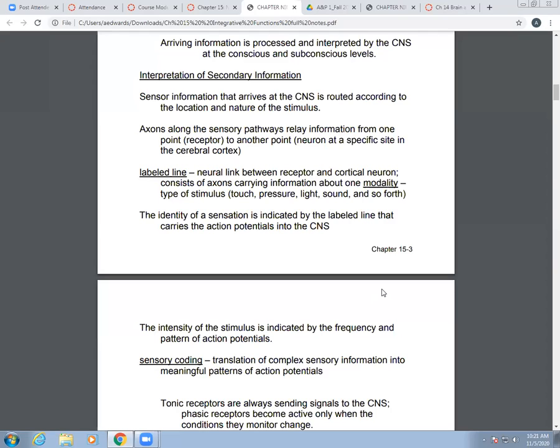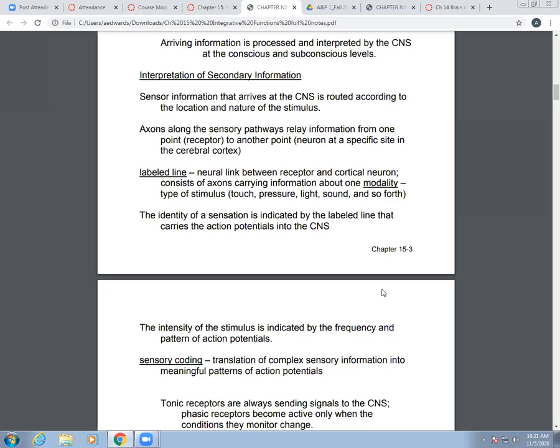So sensory information that arrives at your central nervous system is going to get routed based on the nature of the stimulus as well as its location. So in a sense, your central nervous system is a bit of a switchboard, okay? Based on what type of message it is, it's going to determine where it's going to go once it gets to the central nervous system.